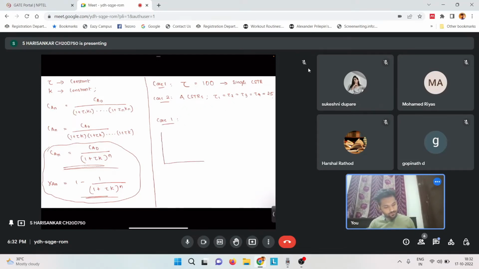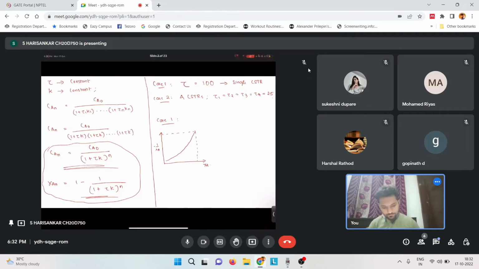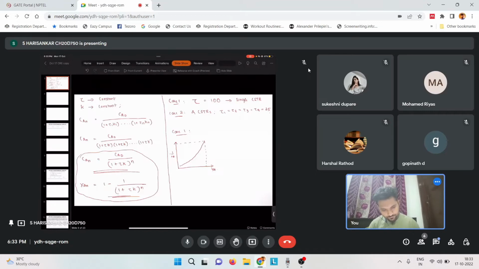So in case one, if we draw minus 1 by RA with respect to conversion XA, this is our operating line, and the entire area under this rectangle will be the volume of our CSTR, right?